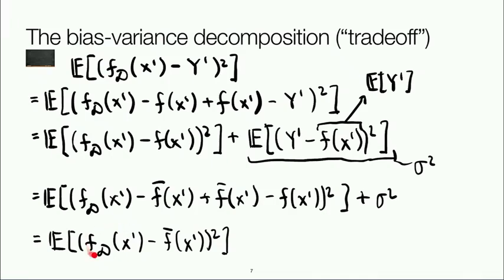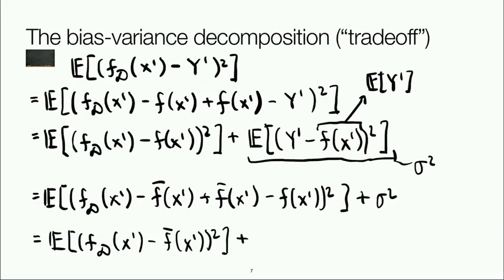So I have f_D minus the expectation of f_D, squared. That looks a whole lot like another variance term, right? So that's the way that we're going to be able to understand this term. It's like the variance in the learning procedure itself, right? Given a particular way of learning that model, how different is the model that I learned from the average model that I would learn, and take the squared difference of that. That's the variance, right?